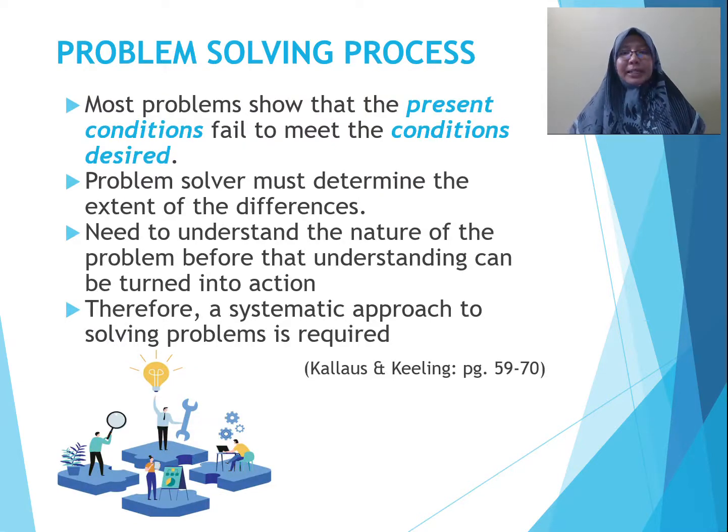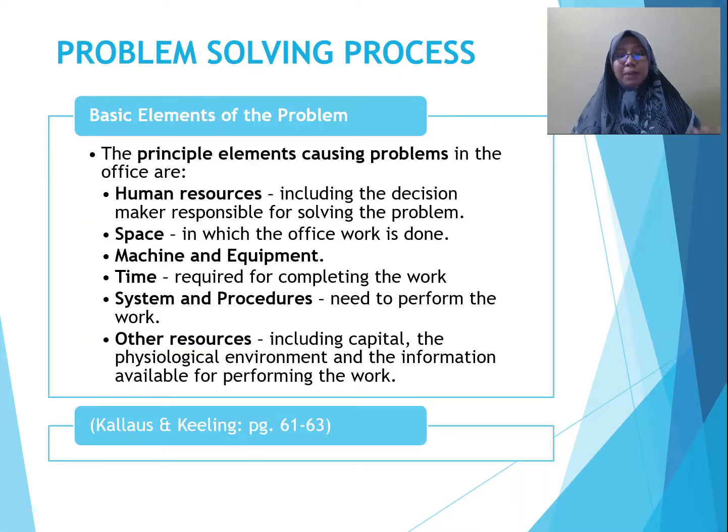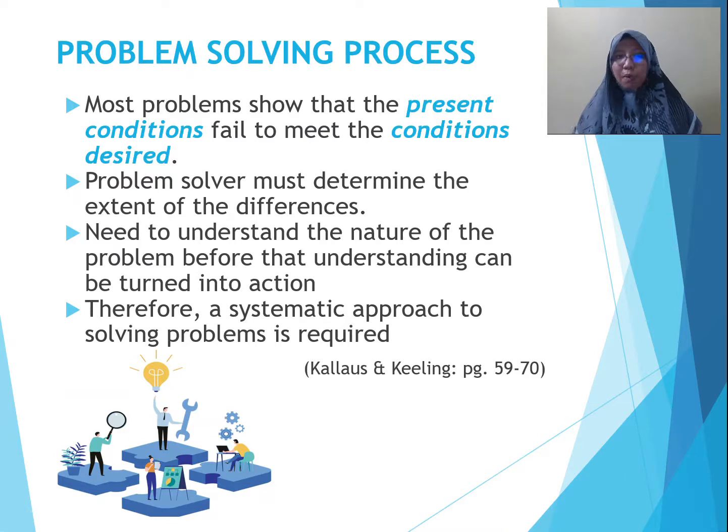And the next one is what we call another element of the problem. Most problems show that the present conditions fail to meet the condition desired. For example, you are going to attend class at 8 a.m. but you fail to come to the class at 8 a.m. Maybe you are late.